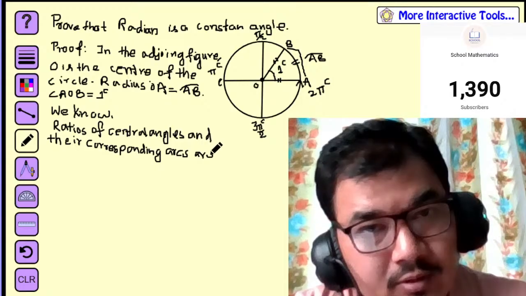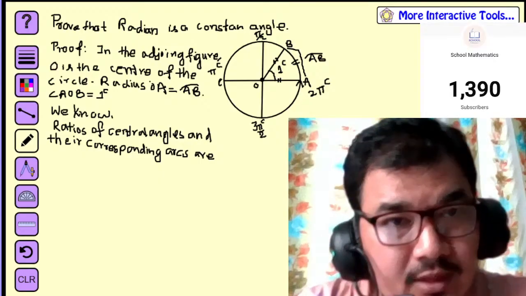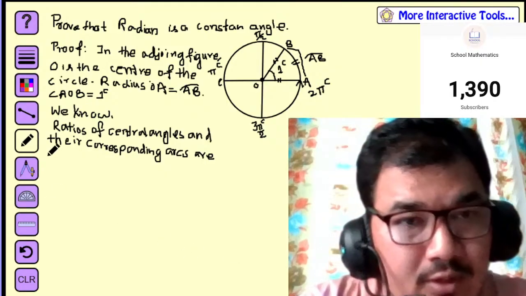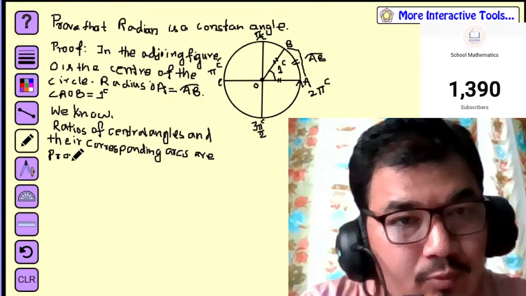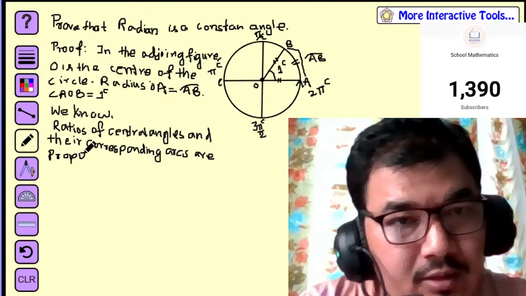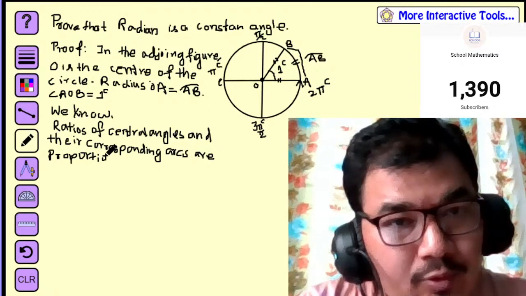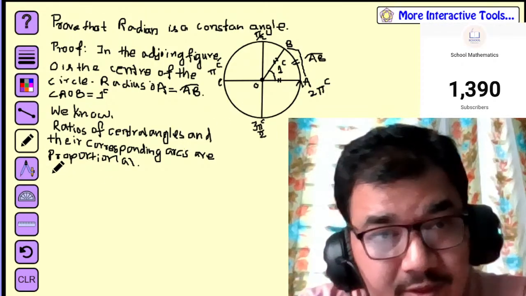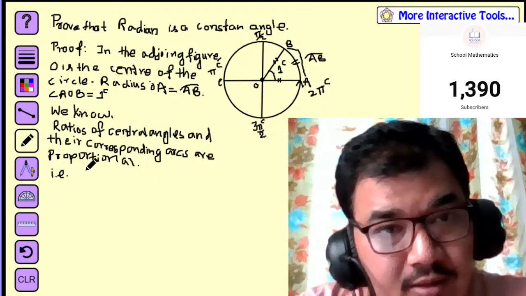Proportional means the ratios are equal. Proportional, right? And look, children, here. What does this mean? Its meaning is written there.